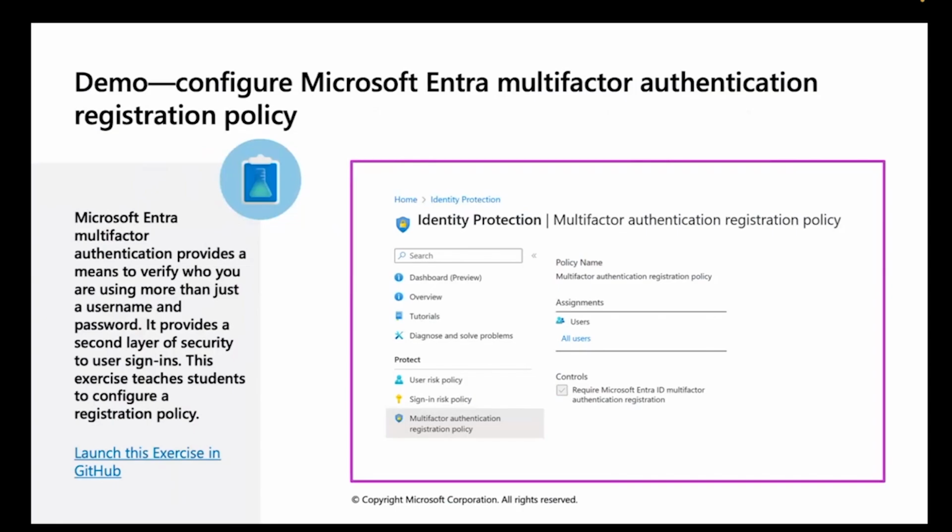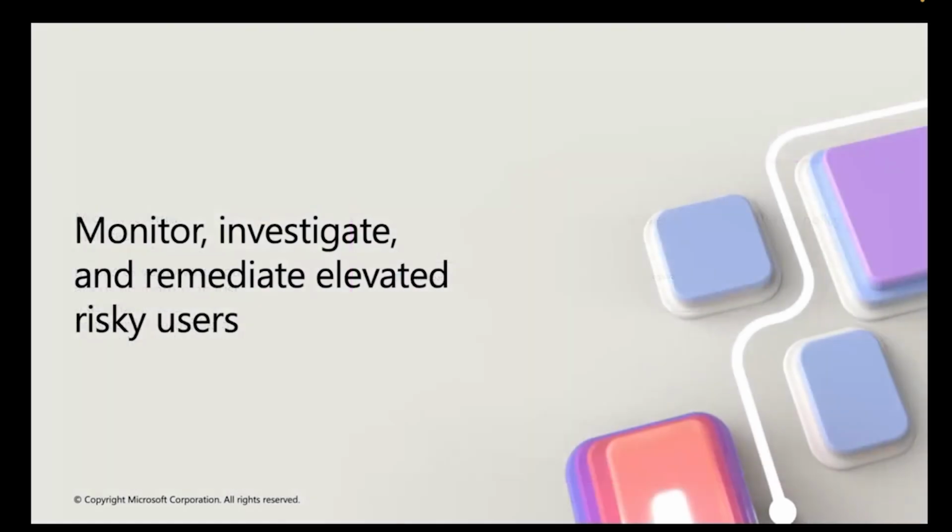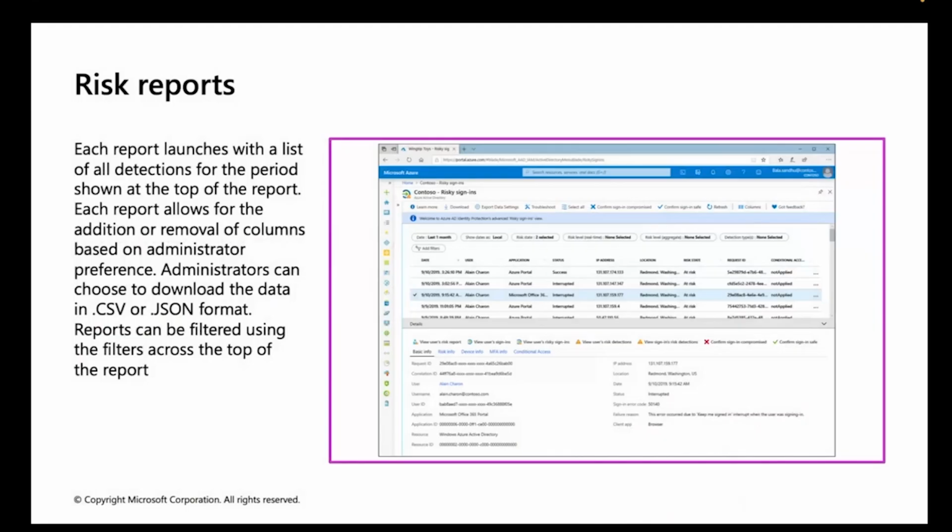Now, what next do we have? When we talk about monitoring, investigating, and remediating elevated risky users, think about a situation where you find some risky users. What will you do? What kind of options do we have? How can you check the user risks? Let's see. First of all, you see the risk reports.